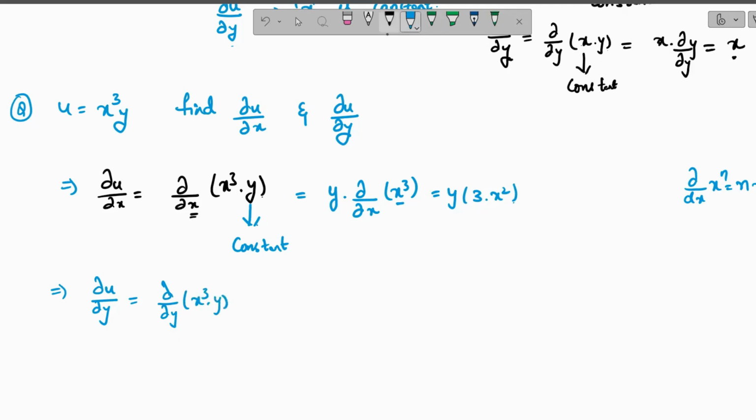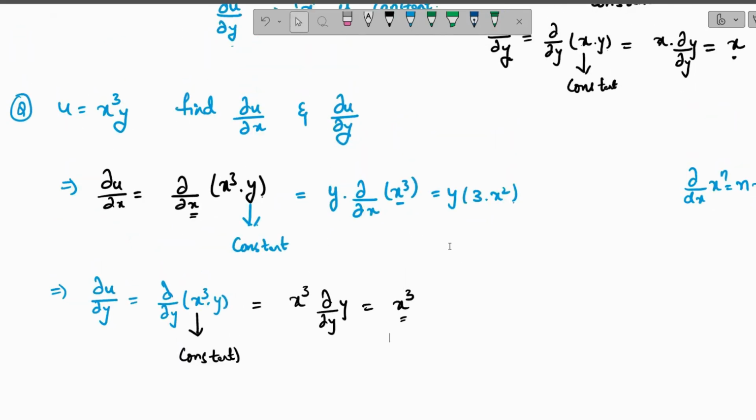Here the x term will be treated as constant. So you take x cube out, dou by dou y of y is equal to x cube. This is the answer. So dou u by dou x is 3x square y. Dou u by dou y is x cube.